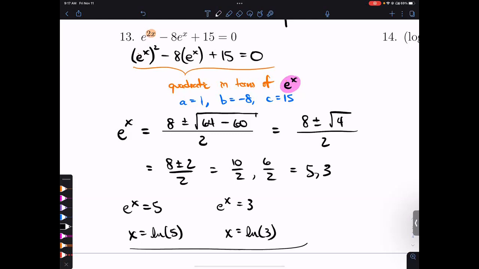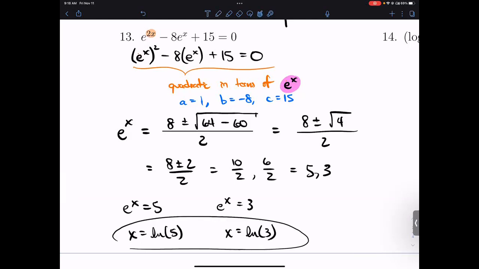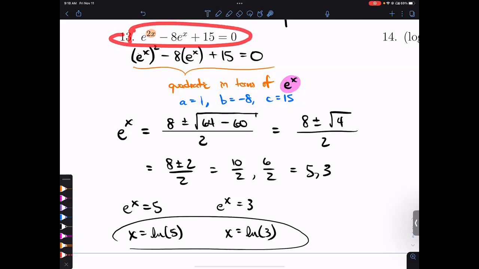Those would be our two solutions. Okay, so that's the idea there. We're applying what we know about quadratics and using the structure of a quadratic to take this thing and break it down to solve.